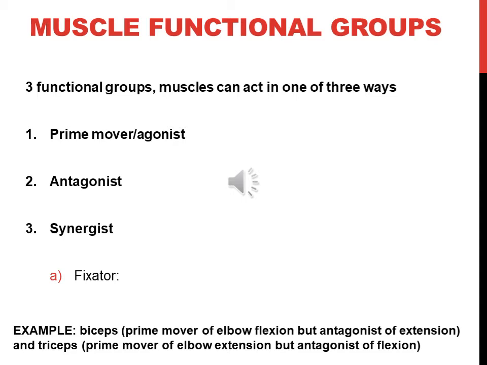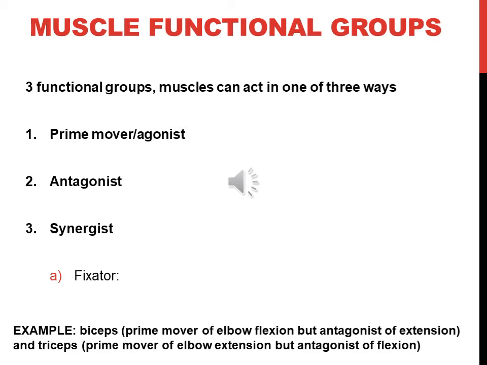Okay? Then we have a synergist, which is a group of muscles working together to perform a movement. So they're going to help the prime mover by adding force or assisting the given movement, or even eliminating an undesirable movement. Right? So a synergist is going to help, the helper. So it's either going to assist in continuing the same movement or eliminate undesirable movements while that prime mover is contracting. Okay?